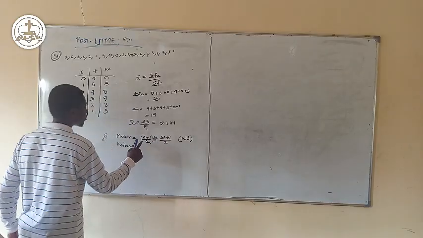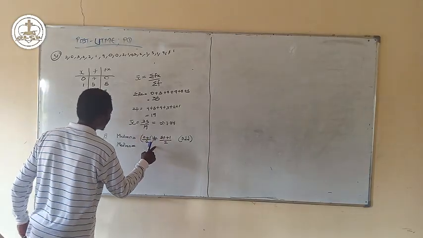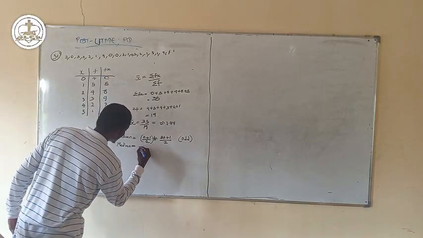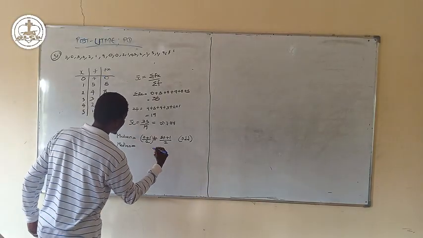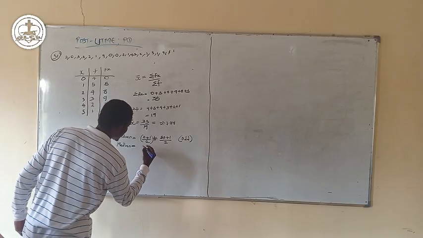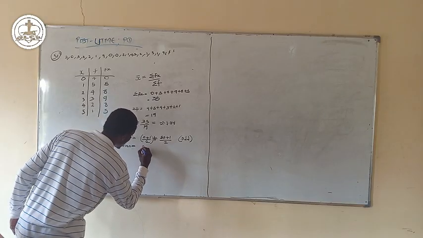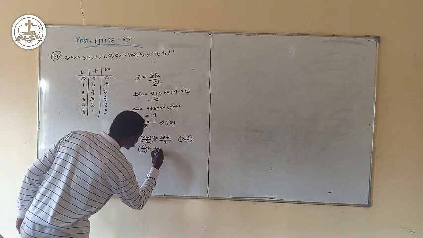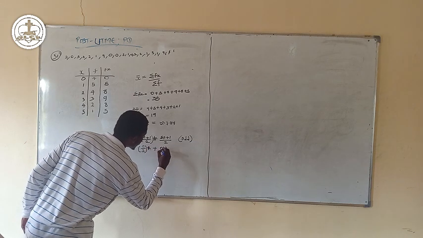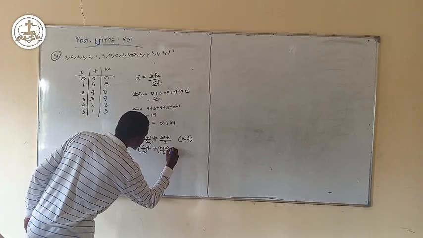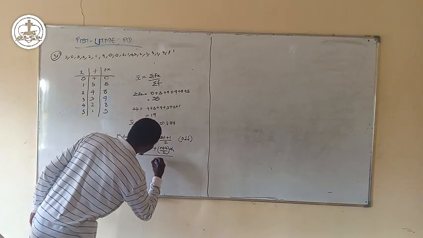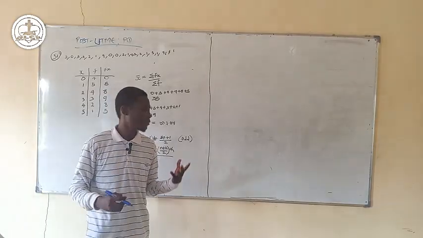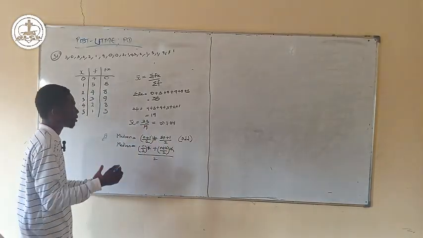When your number of frequency is an even number, this is the formula you use: n over 2 plus n over 2 plus 1, all over 2. This is the formula you use when the total number of frequency is even.